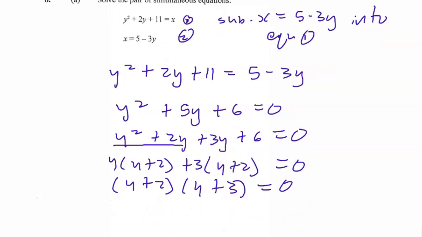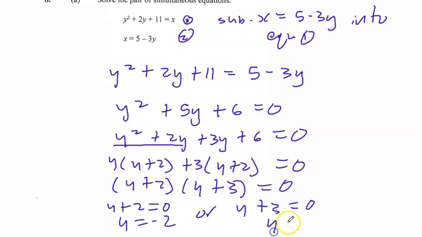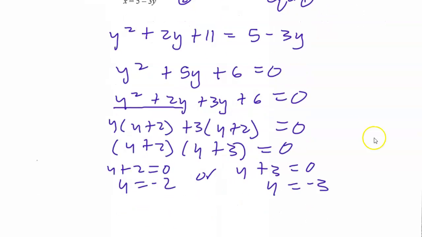Equate both brackets to 0. So y equal to minus 2, y equal to minus 3. And then remember, x is equal to 5 minus 3y, so we can get the values of x.